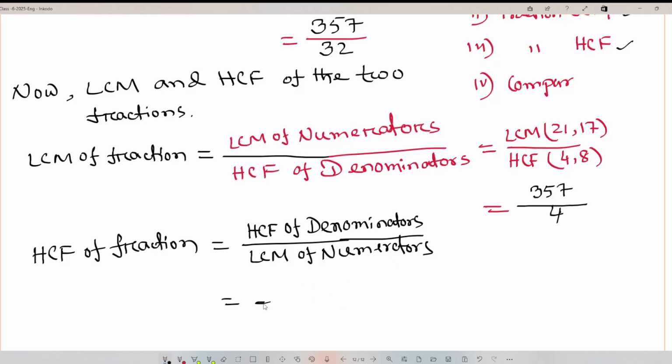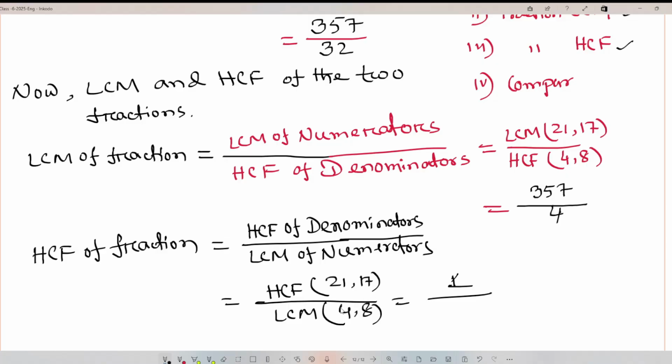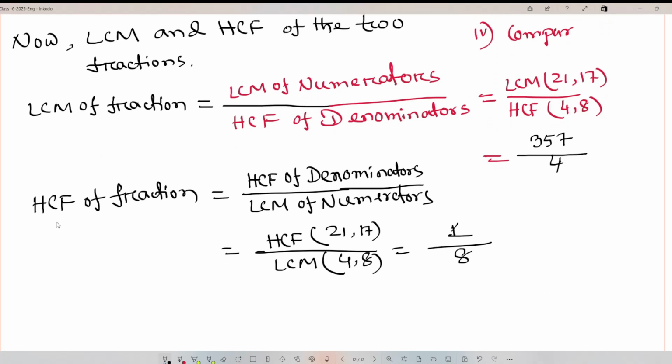It means the HCF of 21 and 17, and the LCM of 4 and 8. Now look, for 21 and 17 the only common factor is 1, and the LCM of 4 and 8 is 8. Okay, so the LCM of the fractions and the HCF of the fractions we have already found.